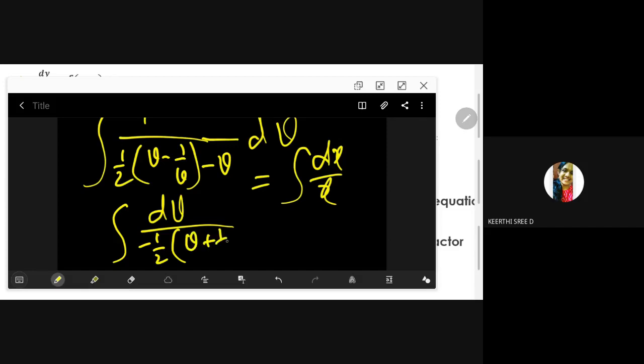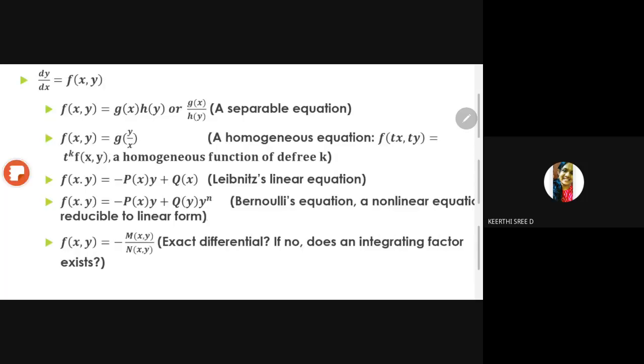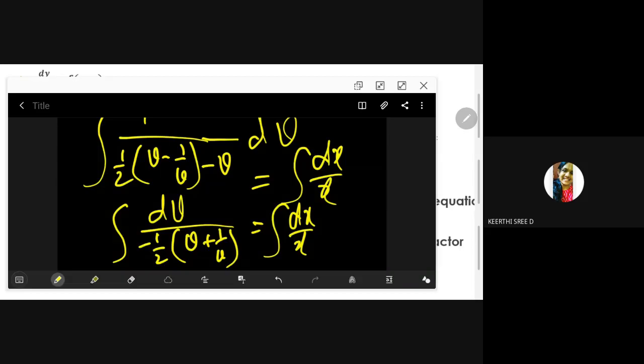You can check. This can be easily integrated. I don't want to work this out.